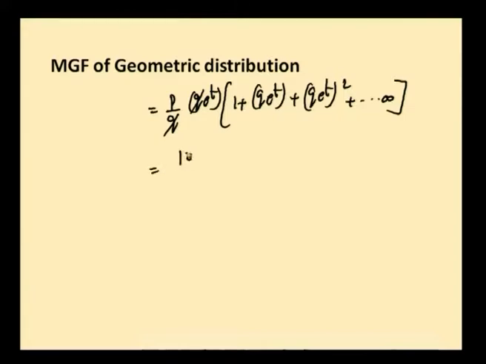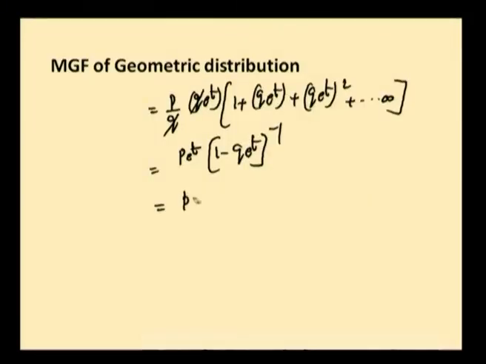So, p e power t into (1 minus q e power t) whole power minus 1, because this is in the format of 1 plus x plus x square plus etc. up to infinity, which is (1 minus x) whole power minus 1. So, this is p e power t by 1 minus q e power t.